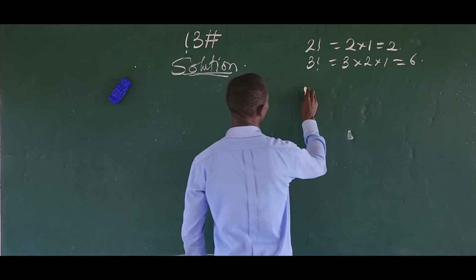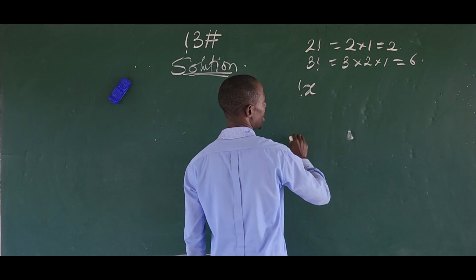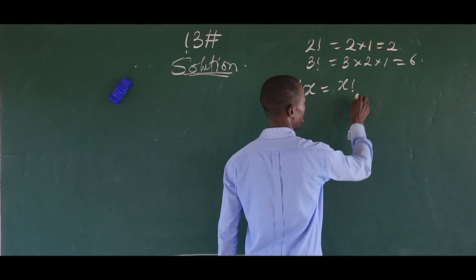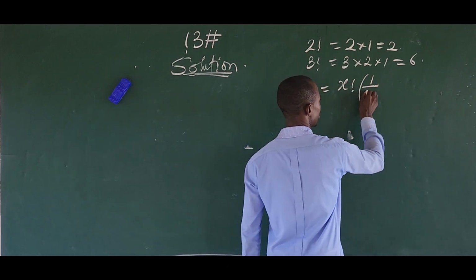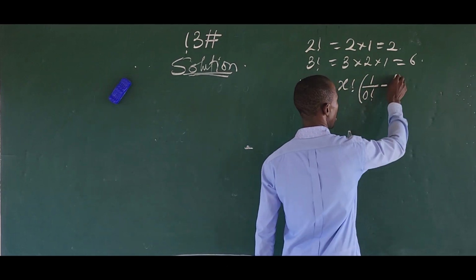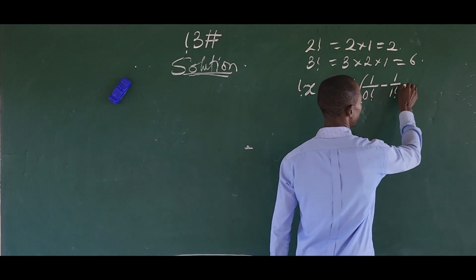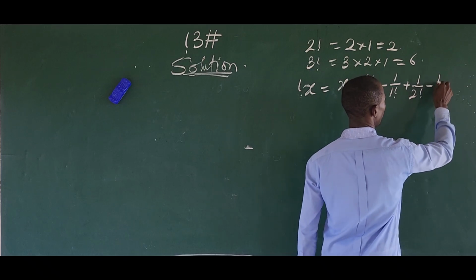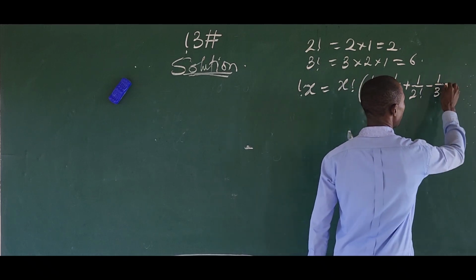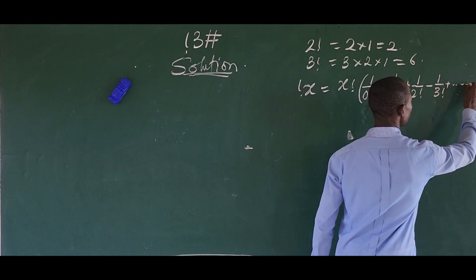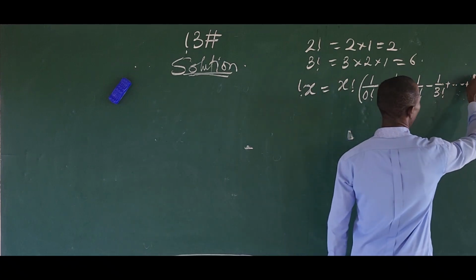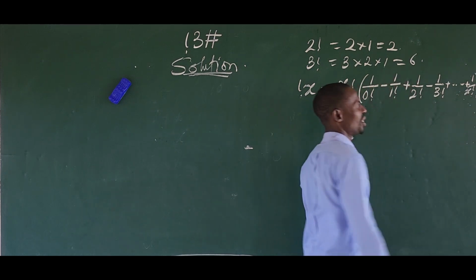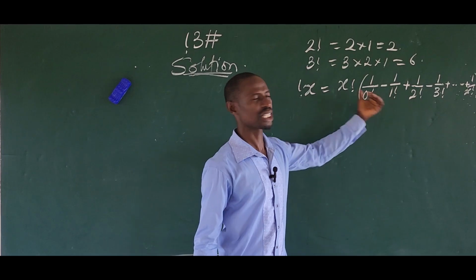For instance, if we have the subfactorial of x, this means x factorial times the bracket of 1 over 0 factorial, minus 1 over 1 factorial, plus 1 over 2 factorial, minus 1 over 3 factorial, plus and so on until we get to plus or minus 1 over x factorial itself.